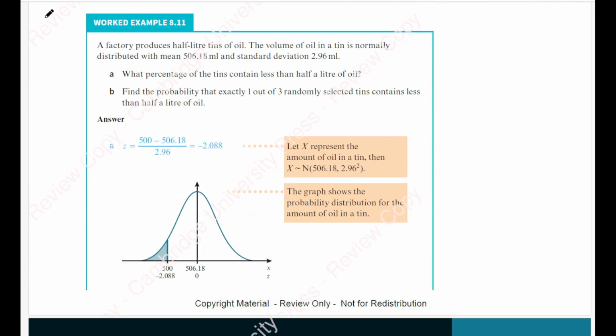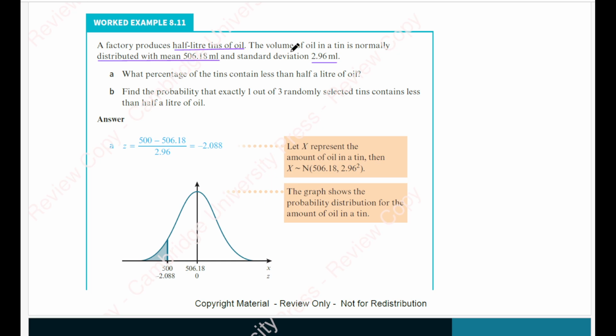And here we can have a look at another example. A factory produces half-liter tins of oil, and the volume of oil in a tin is normally distributed with a given mean in milliliters and a standard deviation.